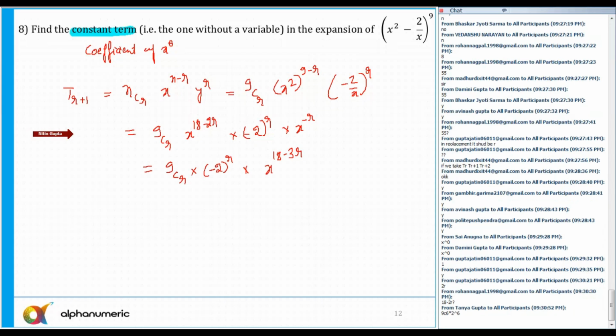And for the constant term, the power of x is equal to 0. So 18 minus 3r is equal to 0. This implies r is equal to 6.